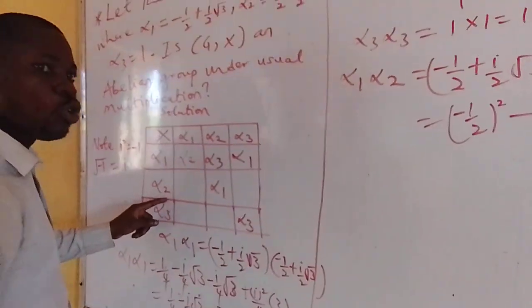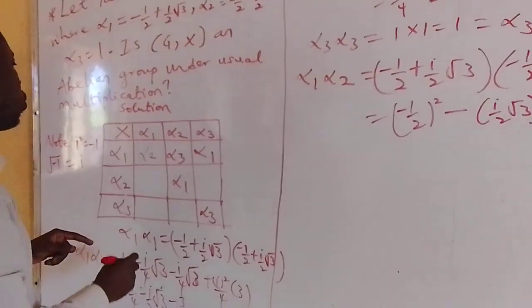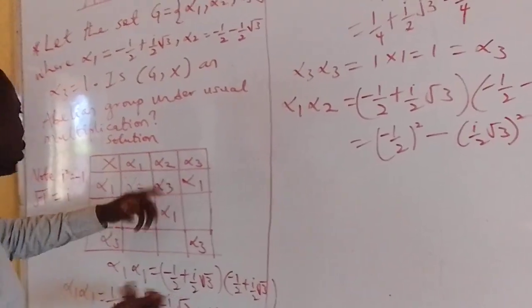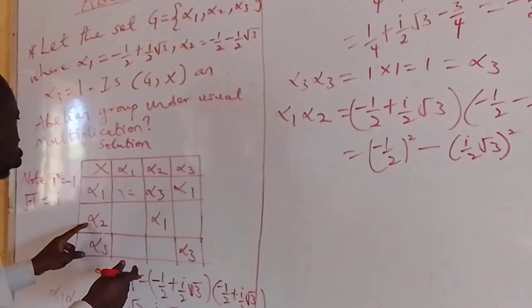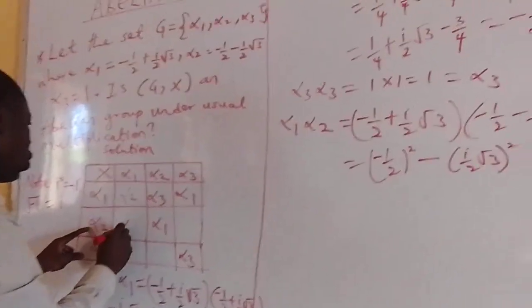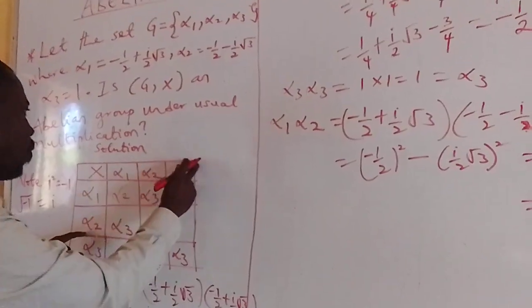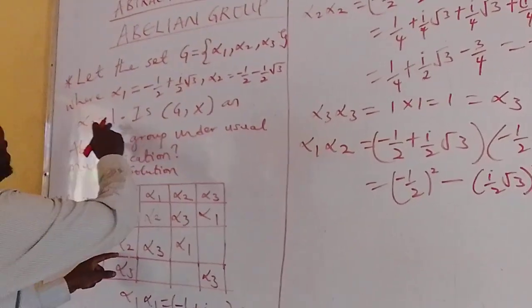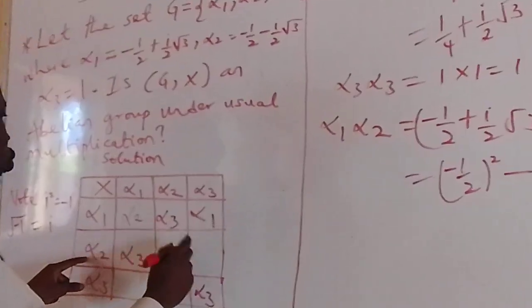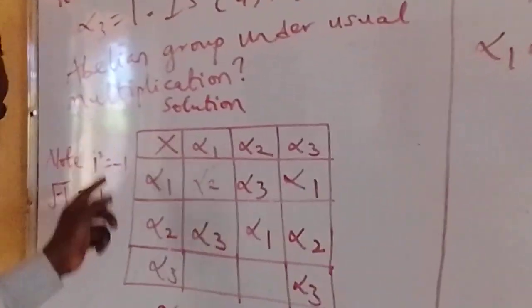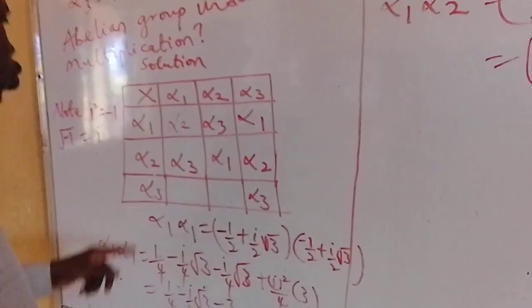Then alpha 2, alpha 1 is equal to, because we knew that alpha 1, alpha 2 is alpha 3, nothing is changing. Alpha 2, alpha 1 is also alpha 3. Then alpha 2, alpha 3. We said earlier that alpha 3 is 1. So 1 times alpha 2 is alpha 2. Nothing has changed because 1 multiplied by alpha 2 will remain alpha 2.